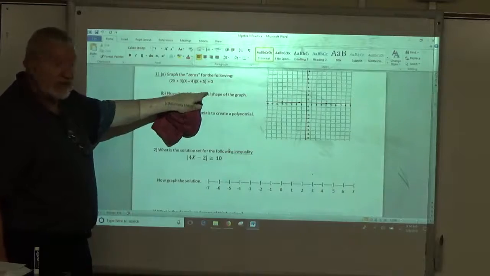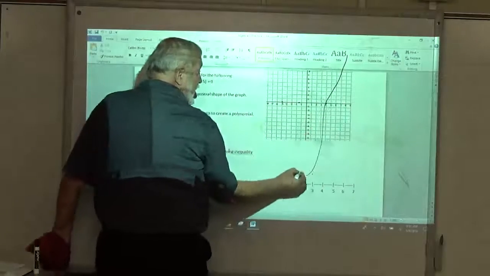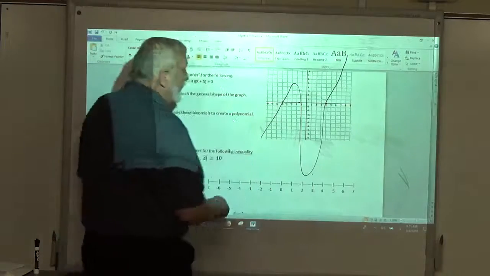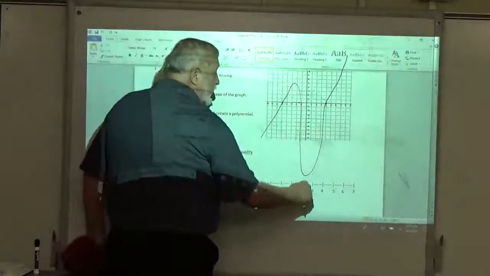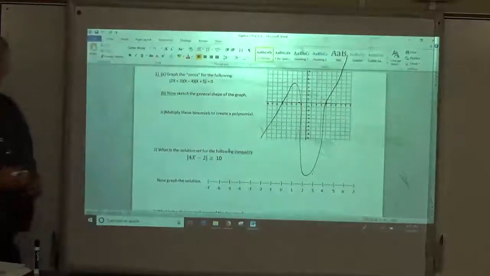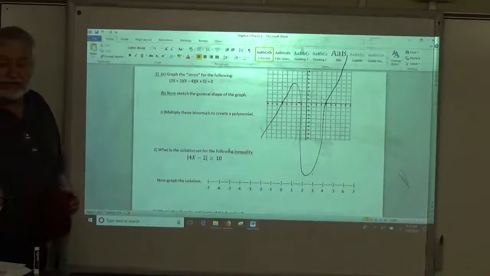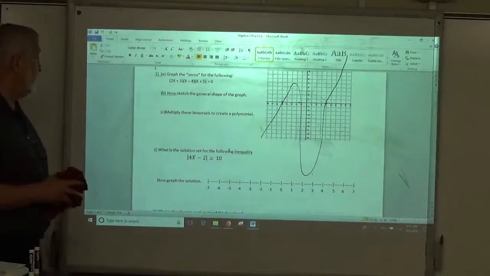It's going to approach infinity, right? So it's got to be coming like this, going way down to here. And I have 1, 2, 3 slopes. So therefore I have a cubic. Now, you don't have to do that graphing of the cubic, but you should understand that.